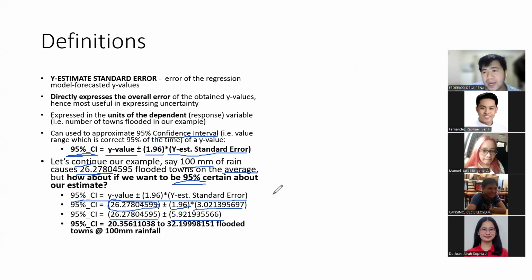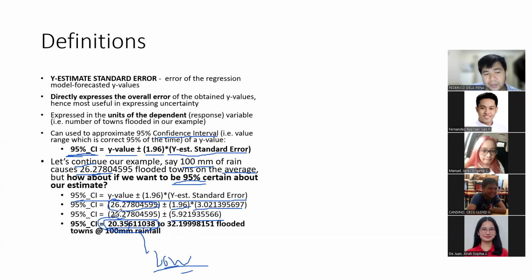So to get the lower bound, you simply subtract 5.9 from 26.28, and you will get something like 20.35. So this is your lower bound value, your low estimate. So the values will probably not be lower than this value.